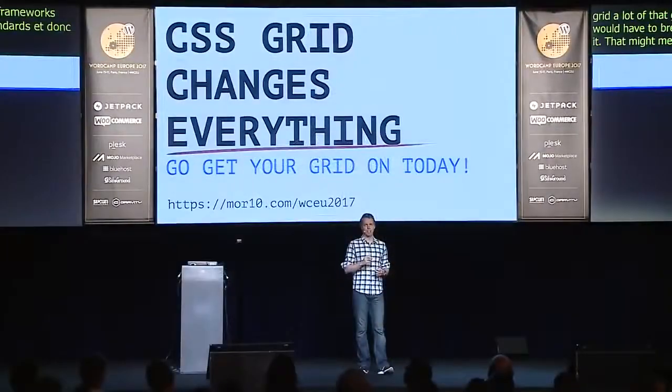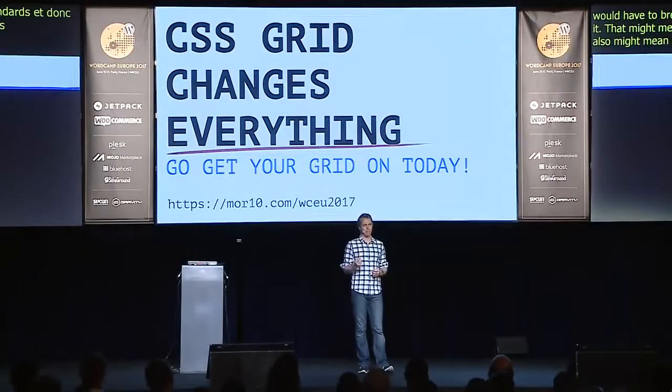That might mean that these frameworks will date themselves out of the game. It also might mean that you, in this room, can build a new, better framework based on CSS Grid that may outcompete these old dinosaurs. Just think about that.